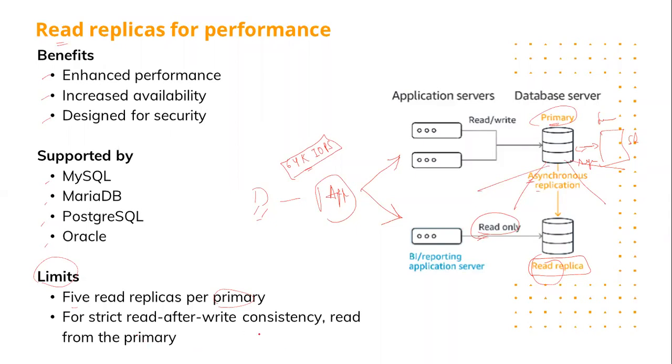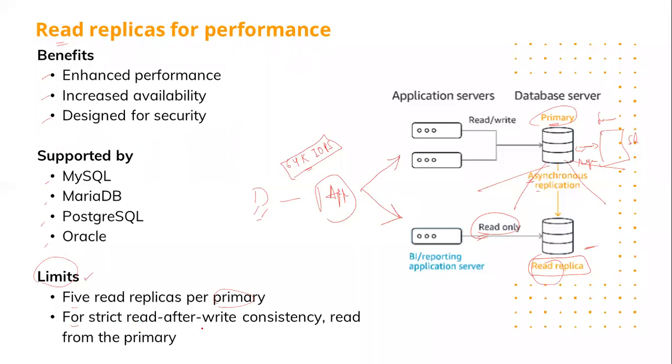We have read after write consistency. By default, this read replica itself is asynchronous. But if you want the data to be accurate, you are not supposed to use a read replica. That's why it is telling you, for stricter read after write, these are the limits.